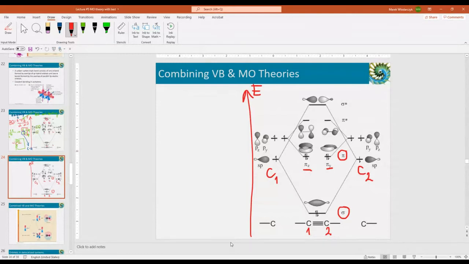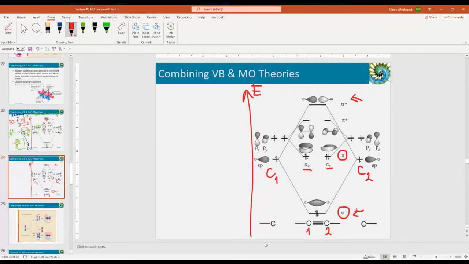So as far as Deborah's question here, the sigma bonding interaction is the strongest interaction, therefore the gain in energy is the highest. Okay, that's why it goes all the way down here, and therefore the anti-bonding interaction has to be even more destructive than its bonding interaction. Therefore, it goes all the way up here. The pi bonds are weaker bonds separately.